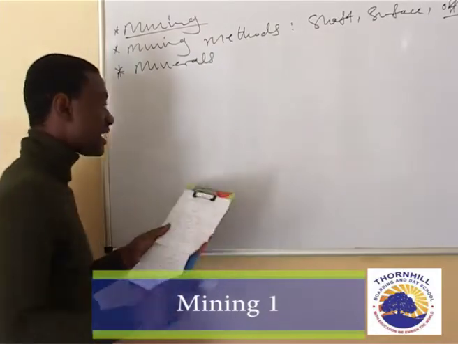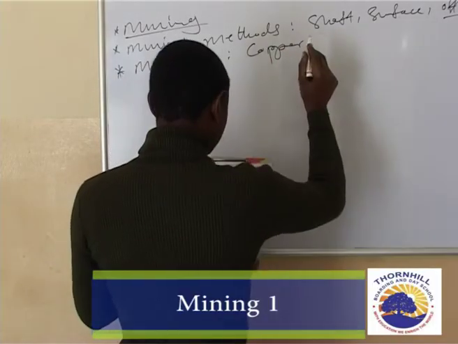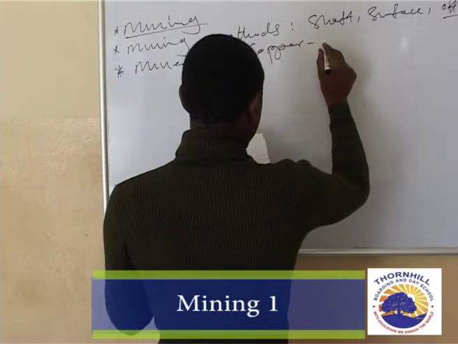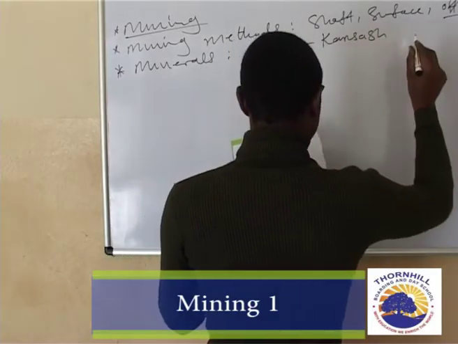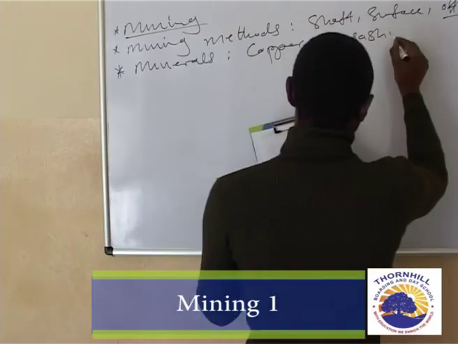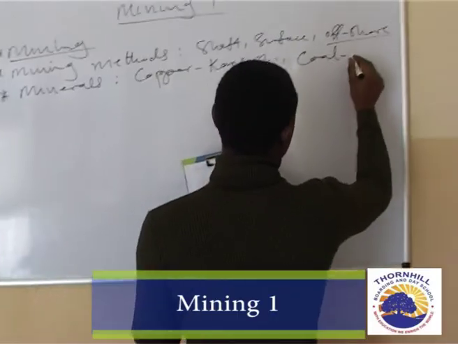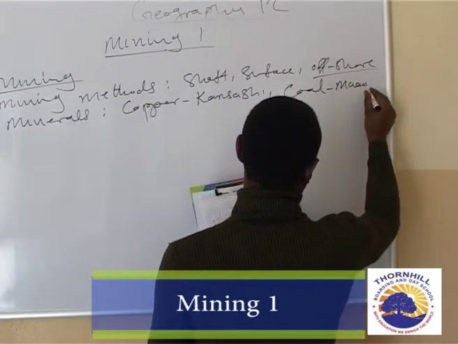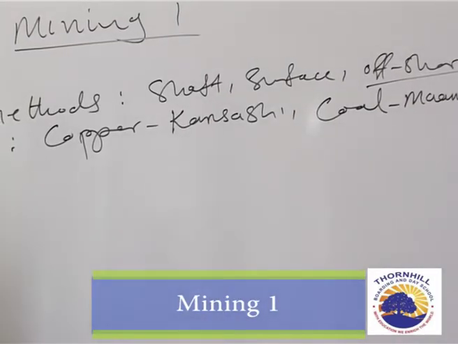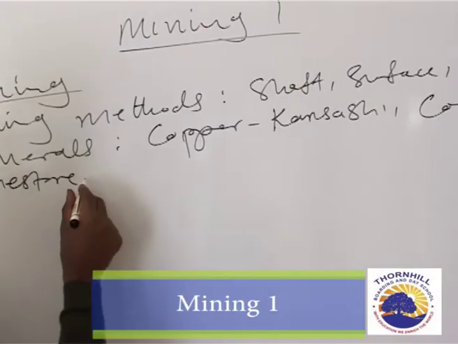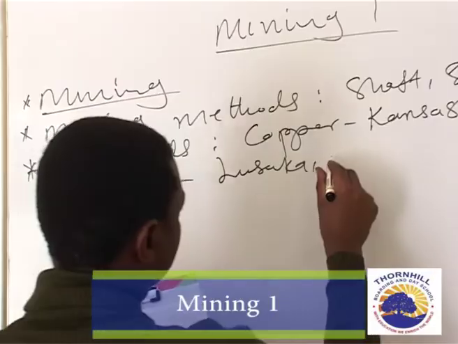The minerals that are mined in Zambia, number 1, we have copper. It's mined in Kansanshi. Then we have coal, which is mined in Mamba. Then we have limestone, which is mined in Lusaka and Kabwe.